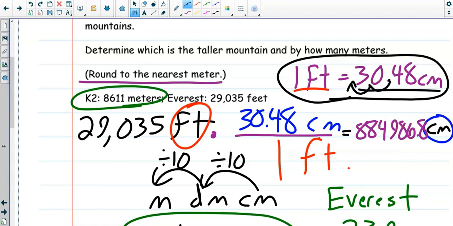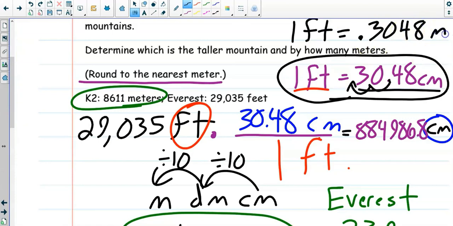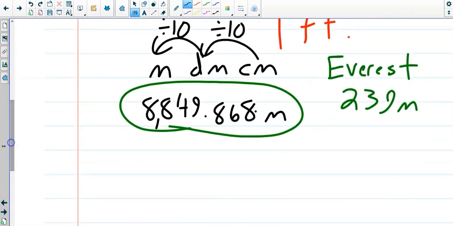So a new conversion that you know is 1 foot is really equal to 0.3048 meters. And you could have used that as your unit fraction and jumped straight into this answer of 8,849.868 meters. Okay? So it's your call on how you want to do it.